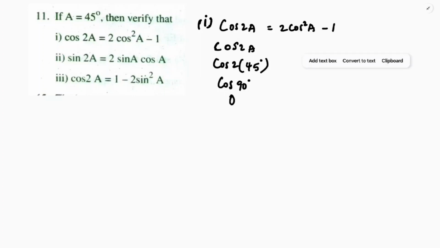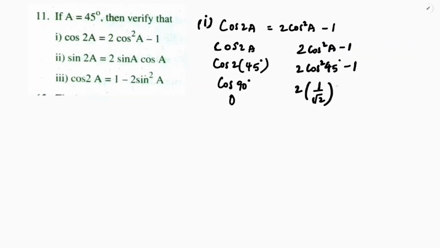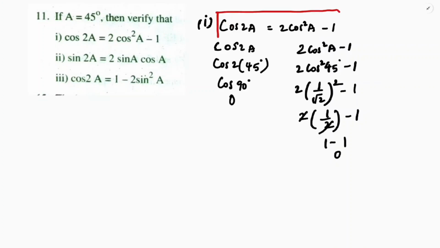Now do the RHS, which is 2 cos square a minus 1. So 2 cos square 45 degrees minus 1. Cos 45 value from the table is 1 by root 2, whole square, minus 1. 2 into 1 by 2 minus 1. 2 cancel, 1 minus 1, which is 0. Therefore we can say cos 2a equals 2 cos square a minus 1. Here we got these values equal.